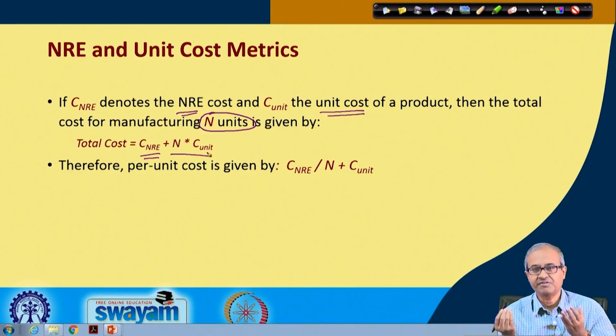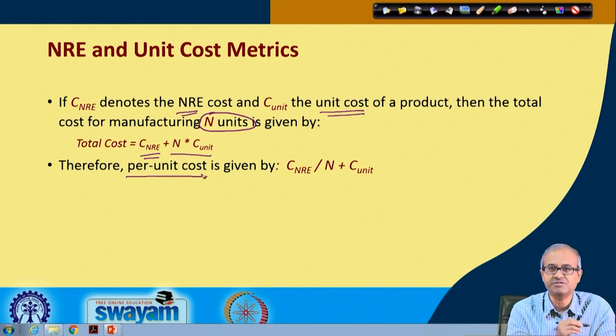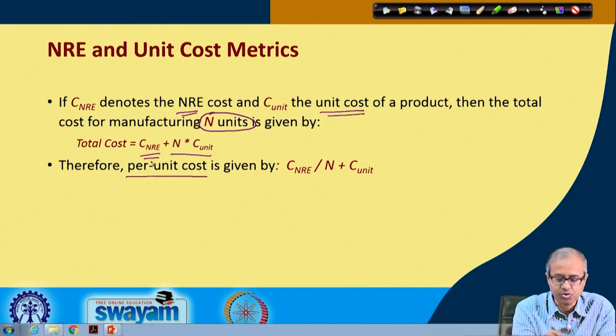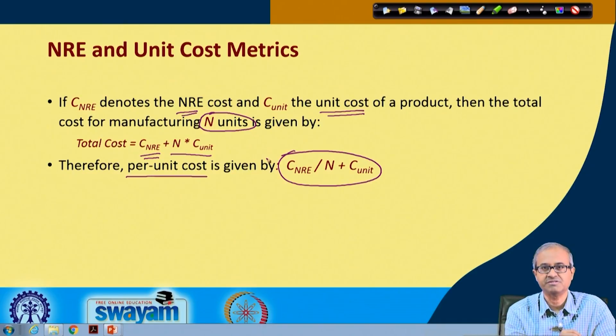Now, if you try to calculate how much cost effectively we have incurred for every unit, that means per unit cost, you divide the total cost by the number of units, divide by n. So, it becomes C_NRE divided by n plus C_unit. This is your per unit cost, right.